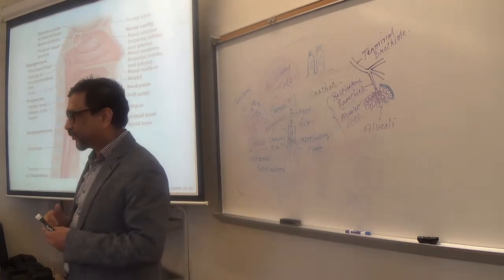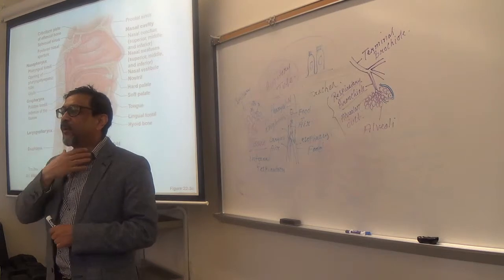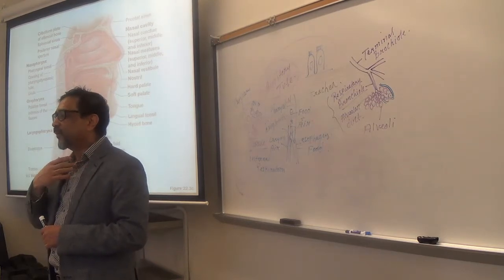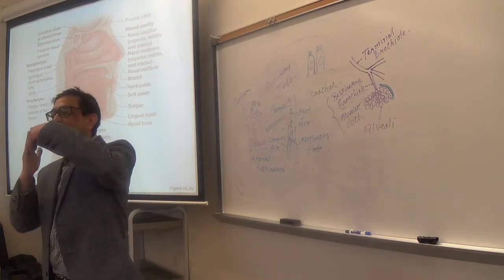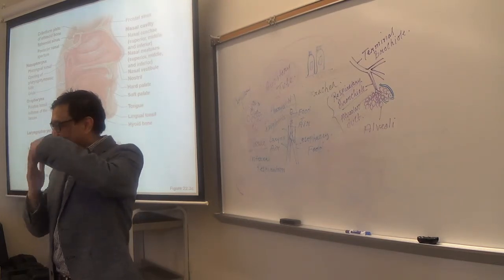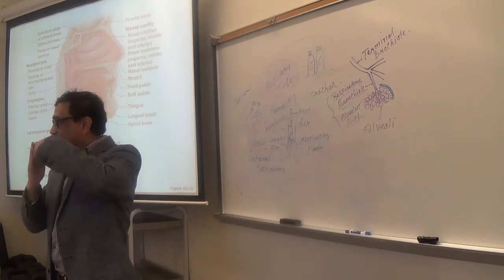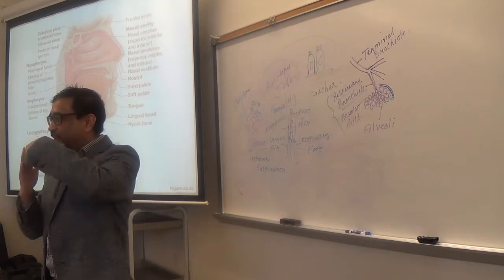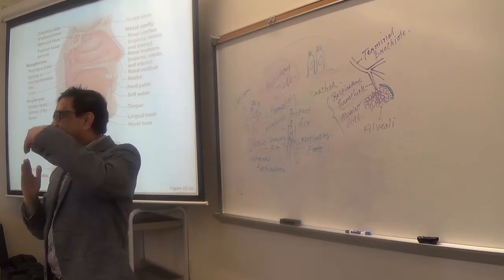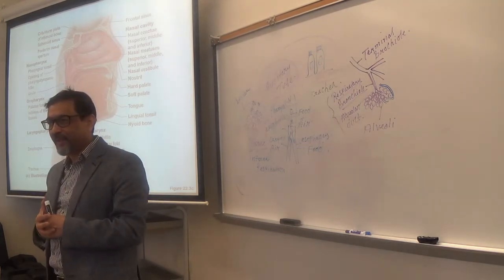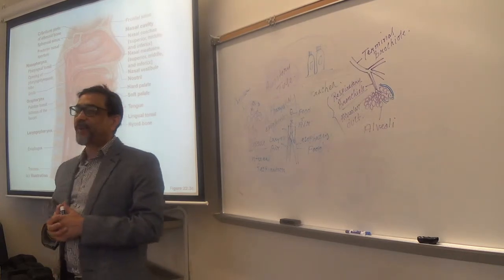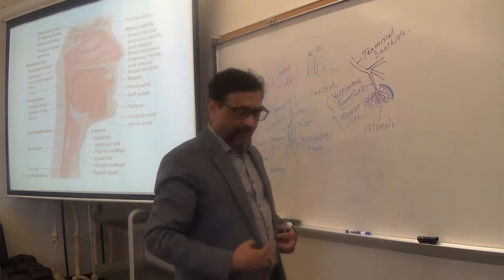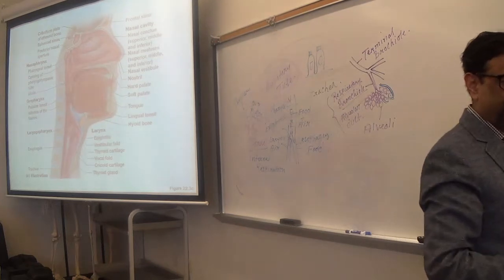Now you tell me, why should the oro- and laryngopharynx have stratified squamous? I mentioned before, stratified squamous is present in areas where you have a chance of friction. Remember that? So stratified squamous is for protection against friction.